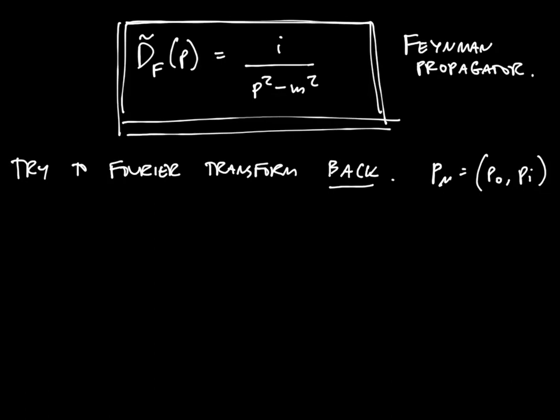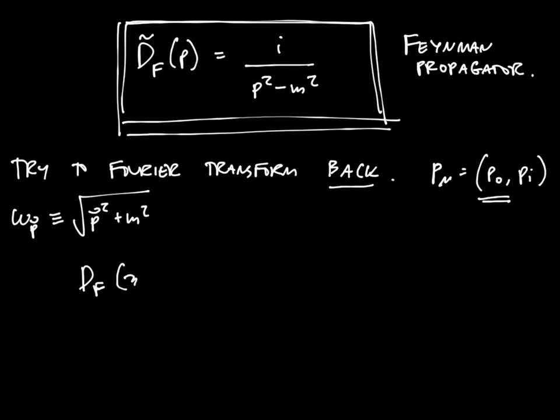And let me also define the following quantity. I'm going to define omega sub p to be the square root of p vector squared plus m squared. And finally, I'm going to do the time integral first. Okay. So given all these definitions, let me first write out the integral.